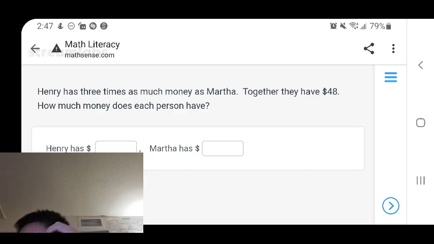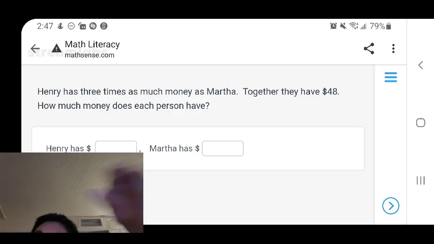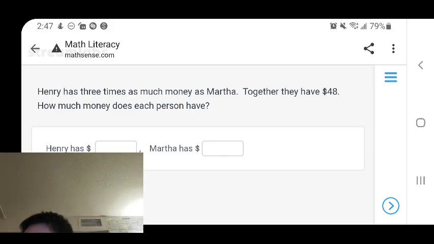So 3x plus x is 48. We can do 4x is 48 to simplify, and then you get x is 12. That's Martha's amount of money, and Henry is just 3x, so it's 36. Yep.